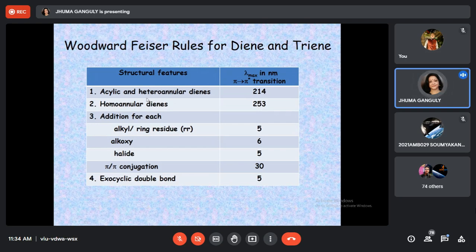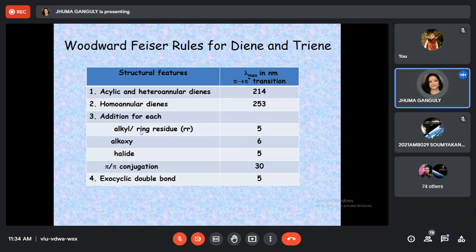Acyclic and heteroannular dienes. Acyclic and heteroannular diene base value is 214. Homoannular diene is 253. Okay. Addition: this is the base value. After that, we have to add to the 214 or to the 253 according to the base moiety.